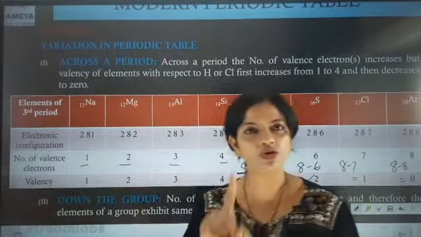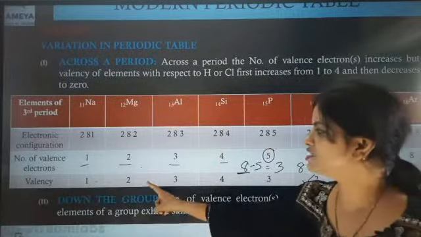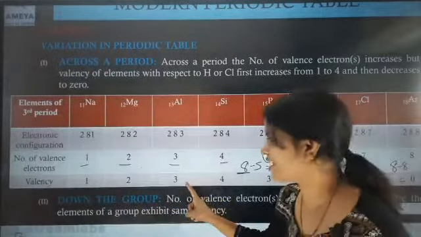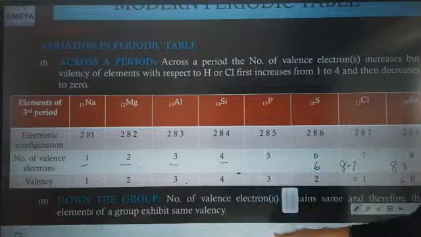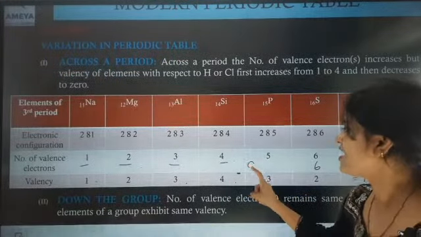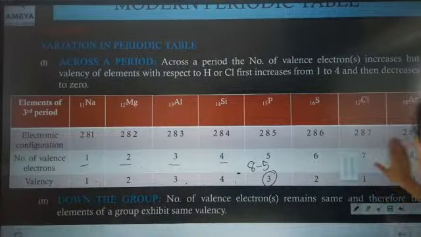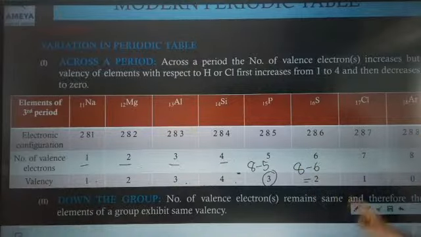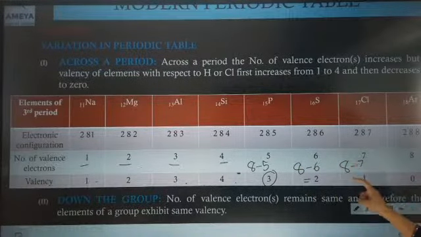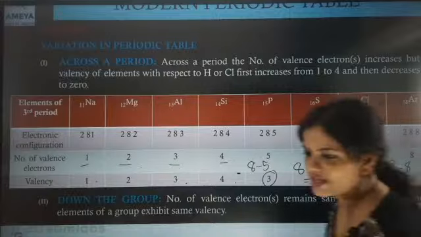So valence electron 1, valency 1; 2, valency 2; 3, valency 3; 4, valency 4; valence electron 5, valency 8 minus 5, 3; 6, 8 minus 6, 2; 7, 8 minus 7, 1; 8, 8 minus 8 equal to 0.